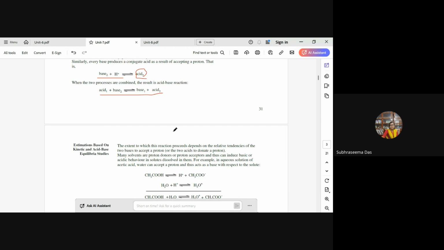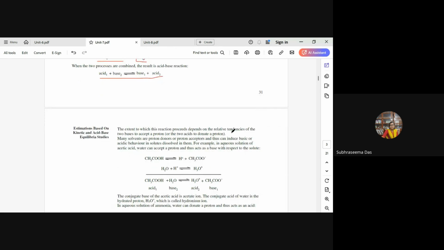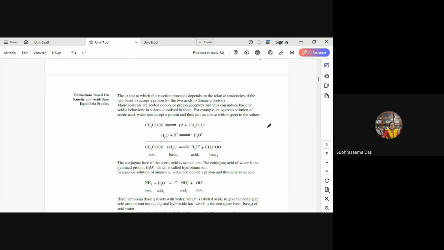The extent to which this reaction proceeds depends on the relative tendencies of the two bases to accept a proton or two acids to donate a proton. In the given example, in an aqueous solution of acetic acid, water accepts a proton and therefore acts as a base with respect to the solute.